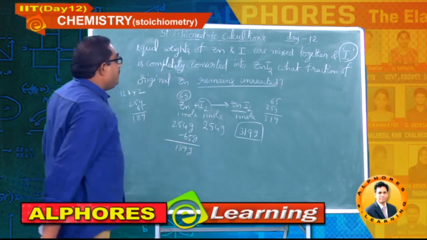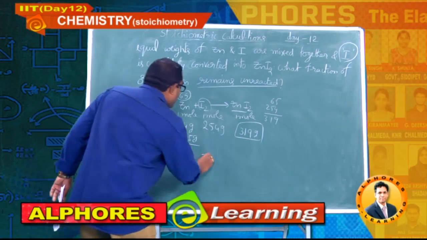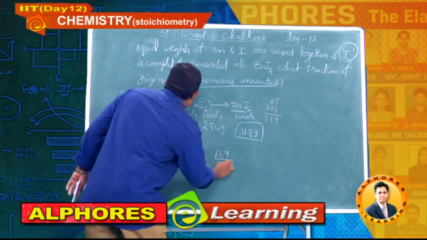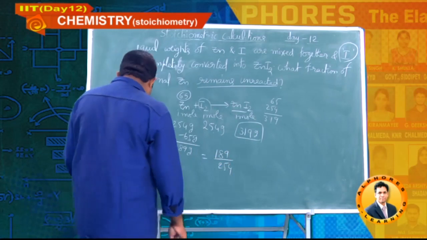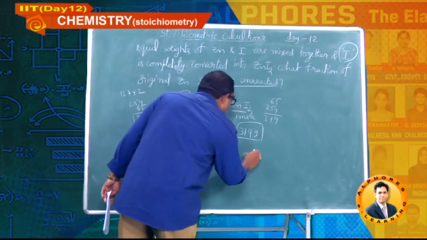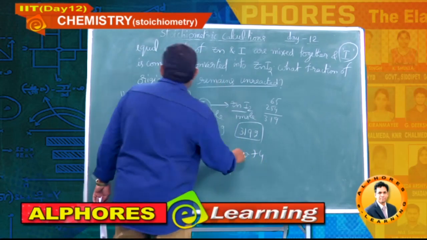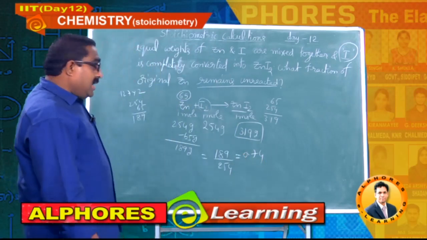This fraction he is asking. So 189 out of 254, that fraction he is asking. This fraction you are going to get as 0.74. That is the answer.